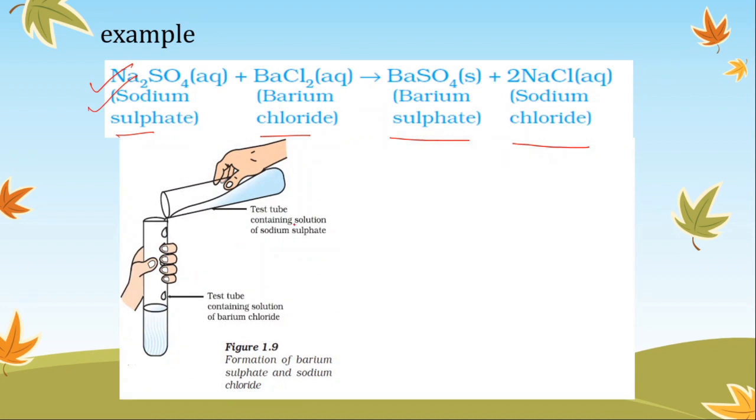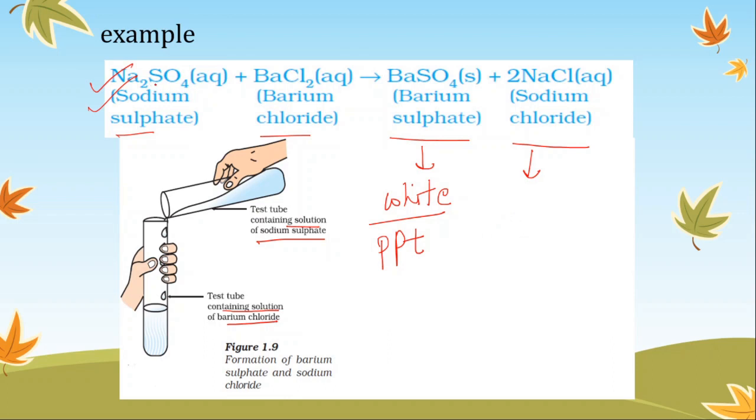The solution of sodium sulfate is treated with the solution of barium chloride, and the white precipitate of barium sulfate is going to form in the test tube, and NaCl will also be there as a product in the test tube.